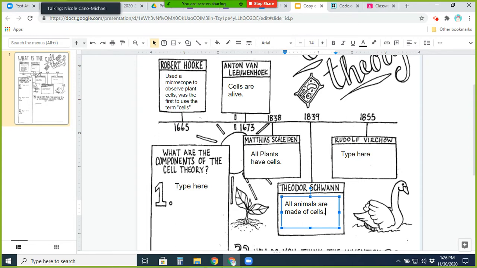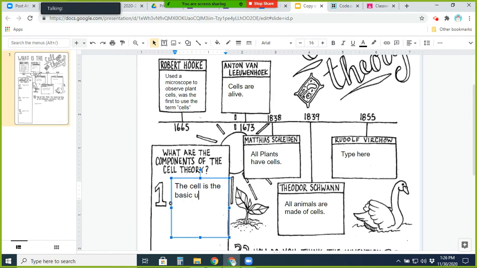Okay, so up until this point, between Hooke, Van Leeuwenhoek, Schleiden, and Schwann, we get the first part of the cell theory. The first part of the cell theory tells us that the cell is the basic unit of life and that all living things are made of cells.